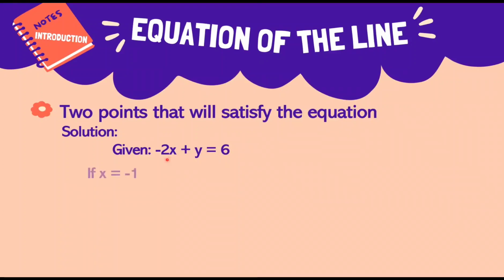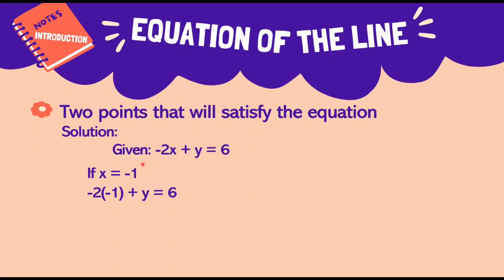Okay, so let us start with if x is equal to negative 1. So since given na ang ating x, ang hahanapin na lang natin ay yung y. So how are we going to find out the value of y? So in order to find the value of y, we just need to substitute this value of x to our given equation. So let's begin.